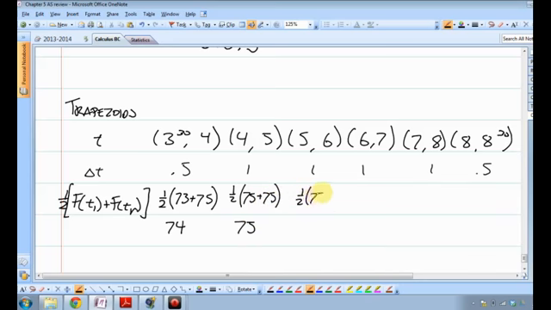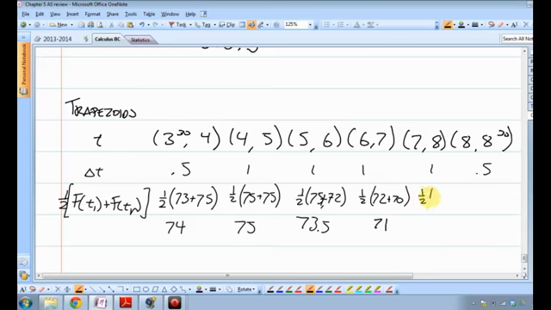This is 1/2 of 75 and 72, which is 73.5. This is 1/2 of 72 and 70, which is 71.